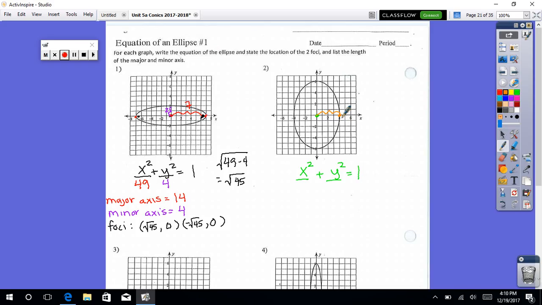This one is 4. 4 squared is 16. And this one is going to be bigger because it's a vertical. This guy is 6. 6 squared is 36. So there's your formula for this ellipse right here.